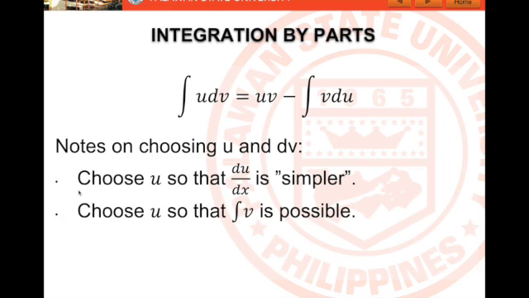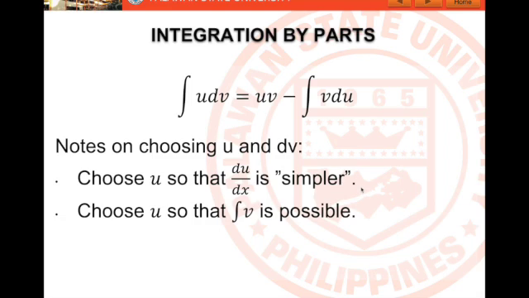Here we have some notes on choosing what is u and what is dv. The first one is to choose u so that du over dx, or the derivative of u, is simpler. I know there is really no mathematical explanation in this, but in the next examples you will see what we mean.